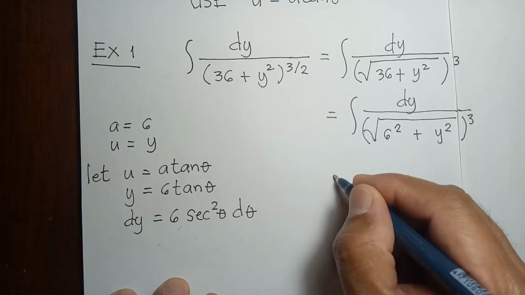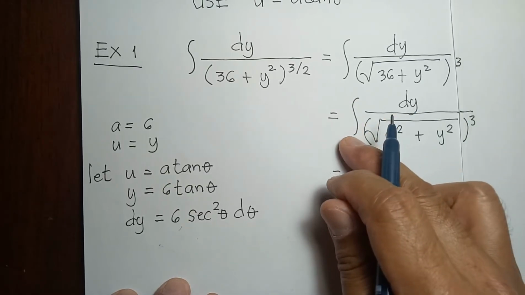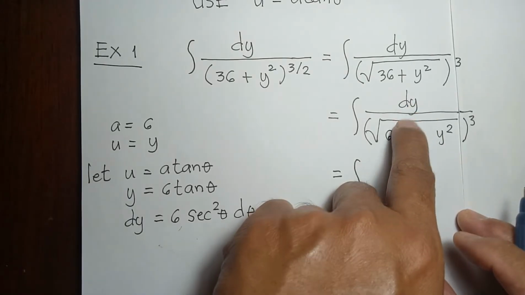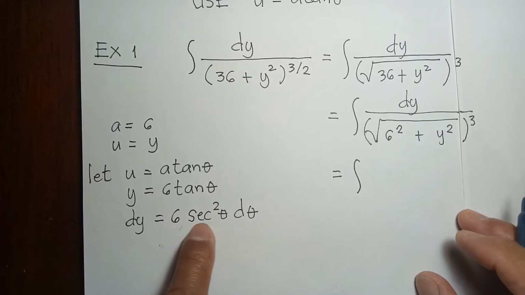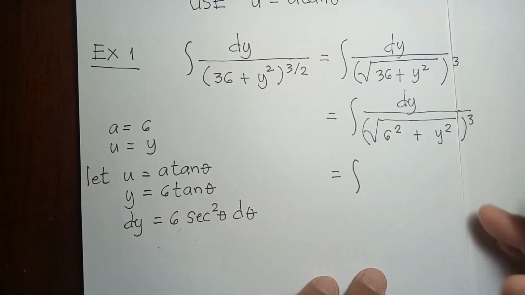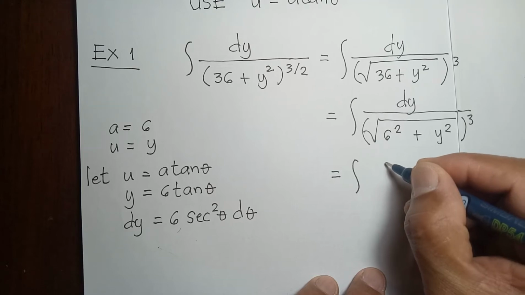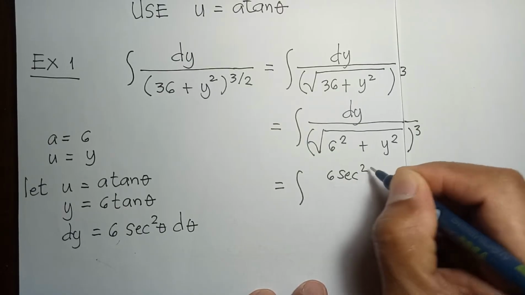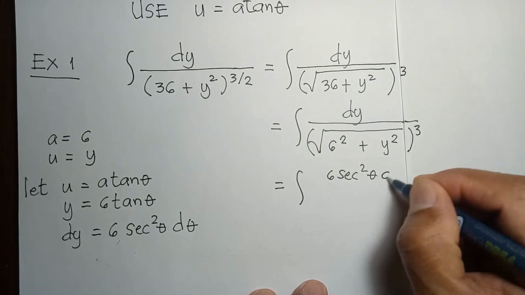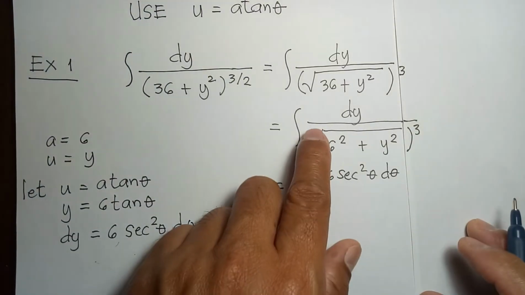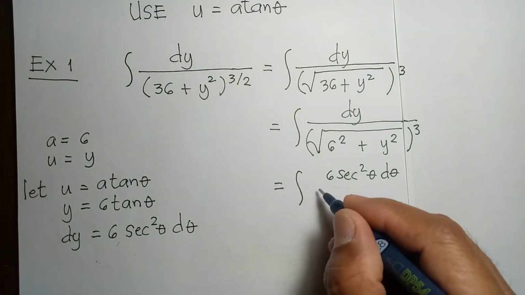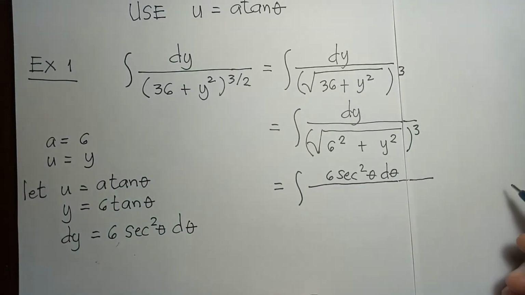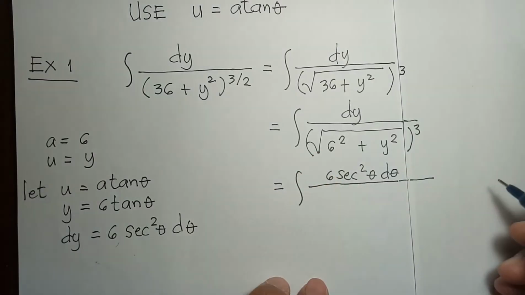Okay. So, gagamitin na natin yung ating substitution. So, meron tayong integral sign. Meron tayong dy. Ang dy equals siya sa 6 secant squared theta d theta. So, sulat natin yun. So, 6 secant squared theta d theta. As meron tayong division line. So, drawing natin ang division line. Tapos meron tayong square root.